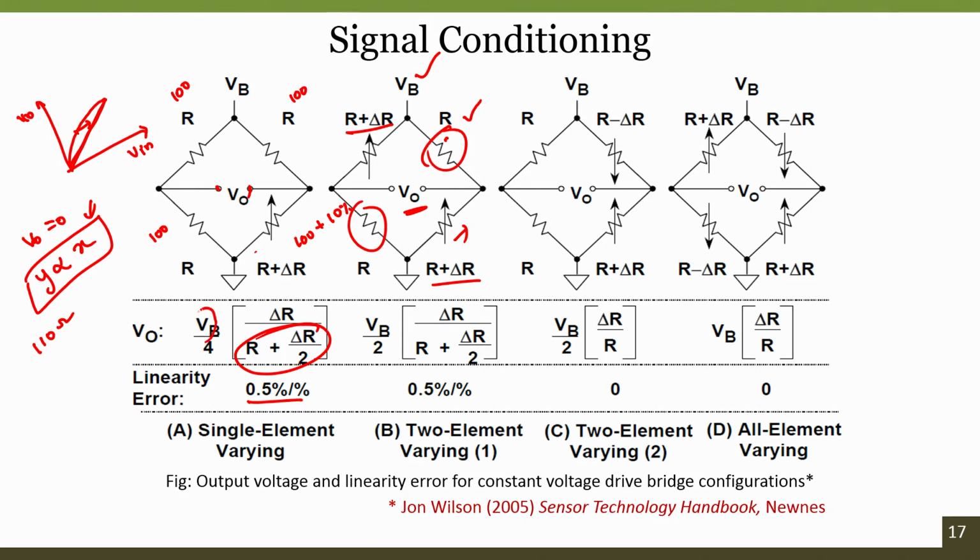See here, it is attenuating VB by 4. Even in this case, of course, it is amplifying by twice that of the previous circuit by utilizing 2 different sensors of the same type, which can measure the same physical measurement, not for temperature compensation. It cannot avoid the nonlinearity error, but it can amplify your signal when compared to the single element varying bridge.